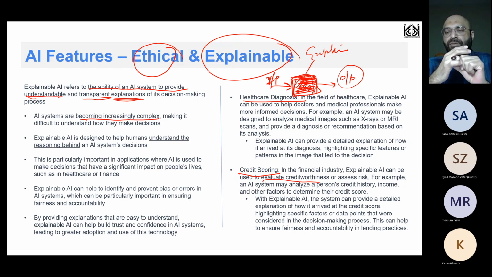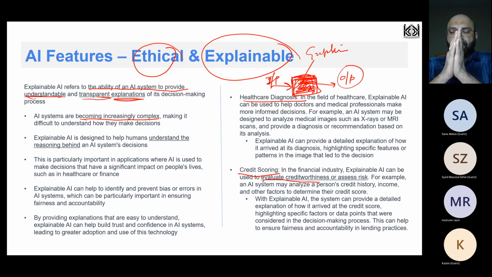If I provide this whole information, and the algorithm is biased in nature, it may check me off because of my ethnicity or because of my earning statement or because of my age or because of the color of my skin or whatever.